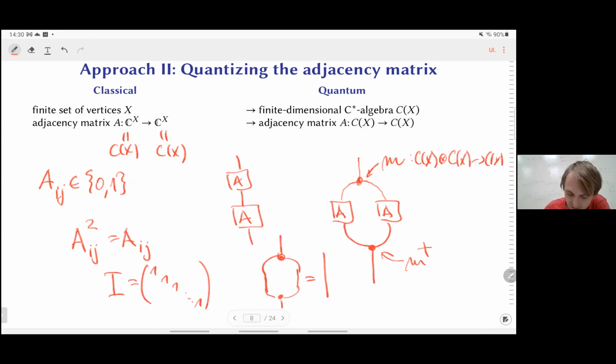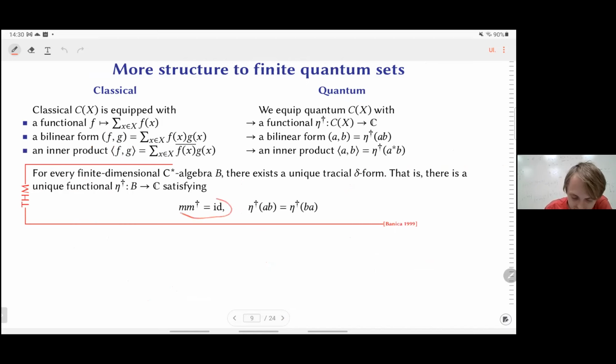We would like to have it also here. So this is this condition, and I will write it diagrammatically like this.